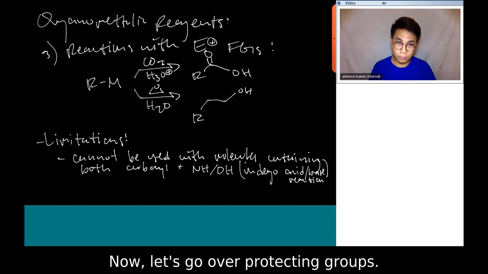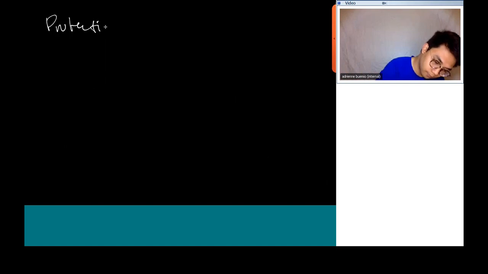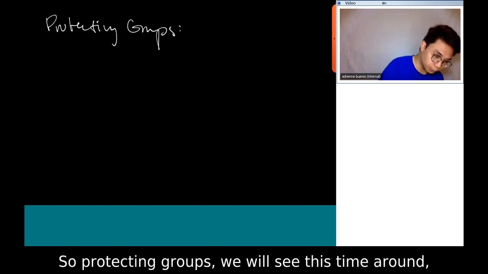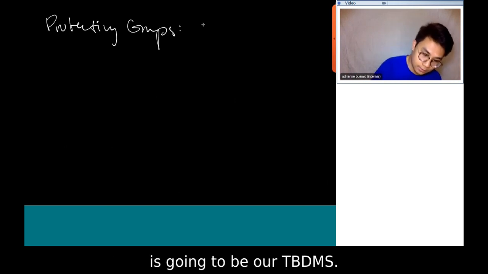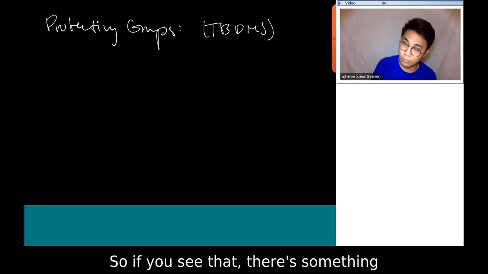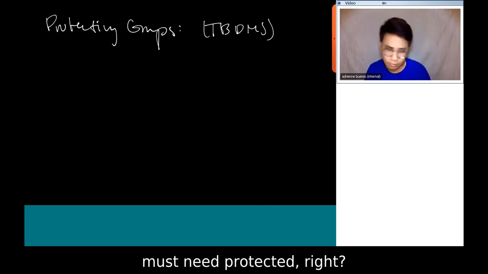Now, let's go over protecting groups. The protecting group we will see this time around is going to be TBDMS. So if you see that, there's something that's being protected, right?